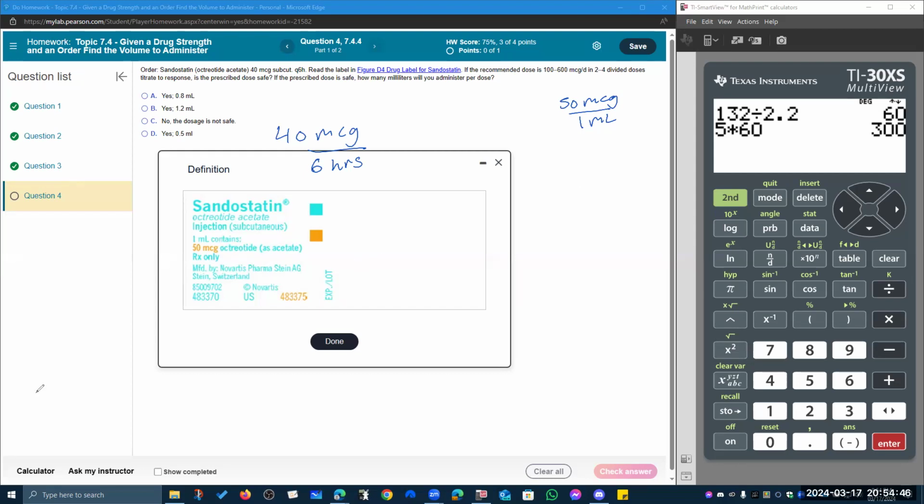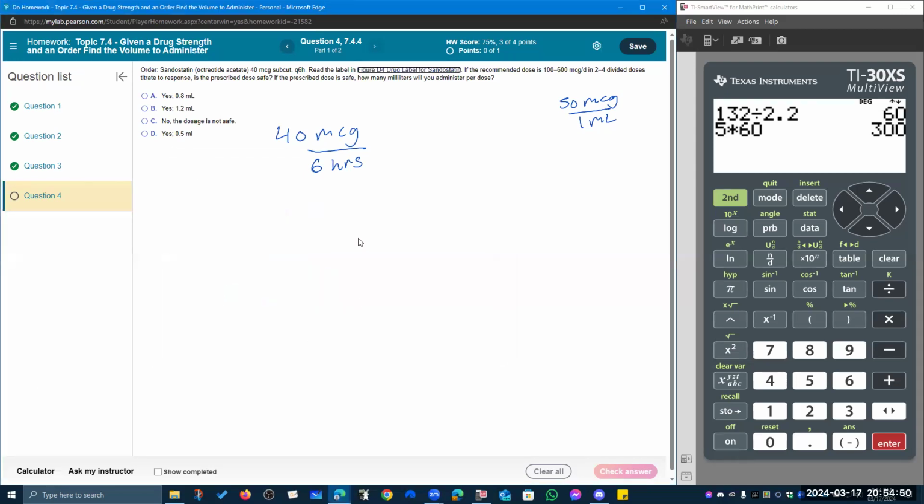And it doesn't give us any more information there about a safe dosage, but the problem tells us that our SDR is 100 to 600 micrograms per day, divided between 2 and 4 doses.